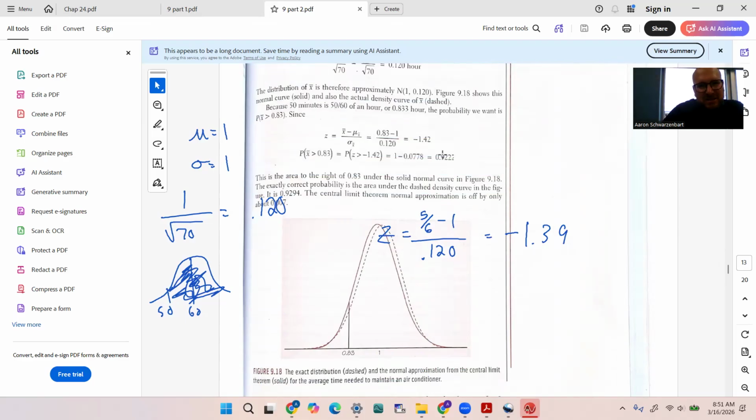So, yes, there is a pretty good chance it's going to be over 50 minutes. I bet you the median is less than 50 minutes, though. Any questions on this?